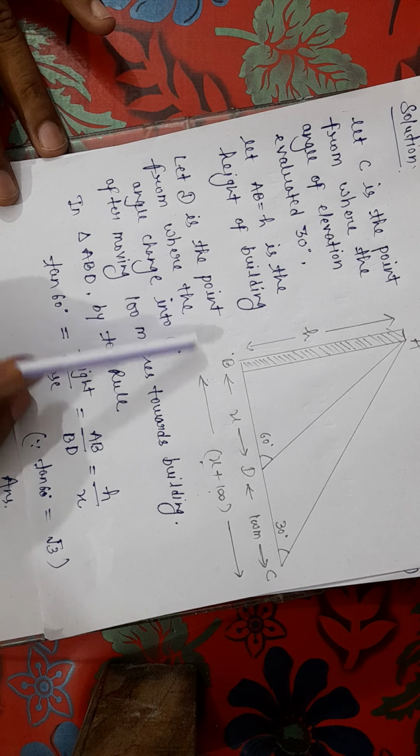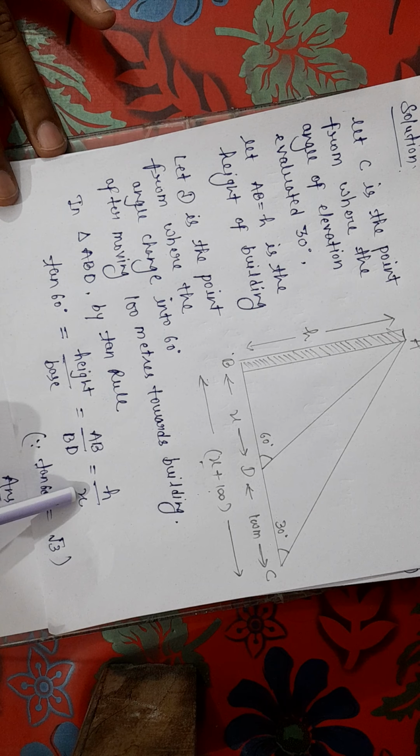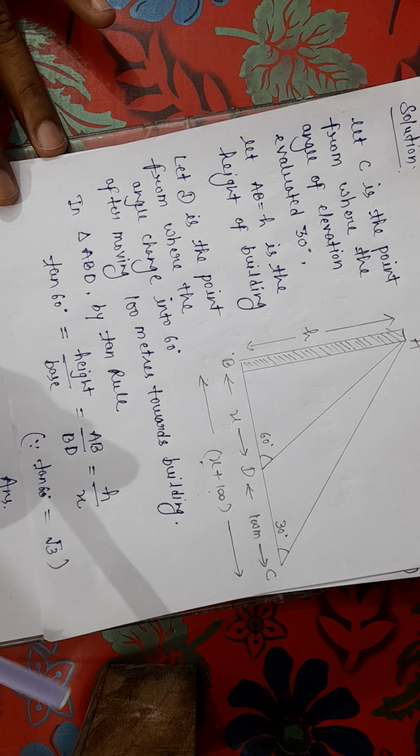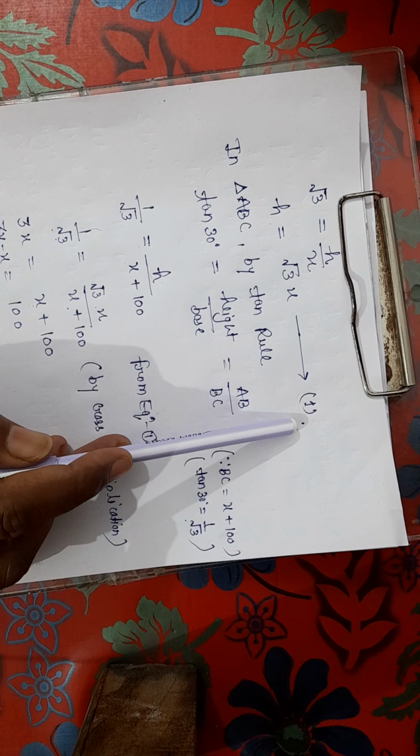So first we will take triangle ABD. In triangle ABD, by tan rule, tan 60, because theta equals 60 degrees, height upon base, height is AB, base is BD. So h upon x, we know that the value of tan 60 equals root 3. So put here root 3 equal to h upon x, value of h equal to root 3x. This we make equation number 1.